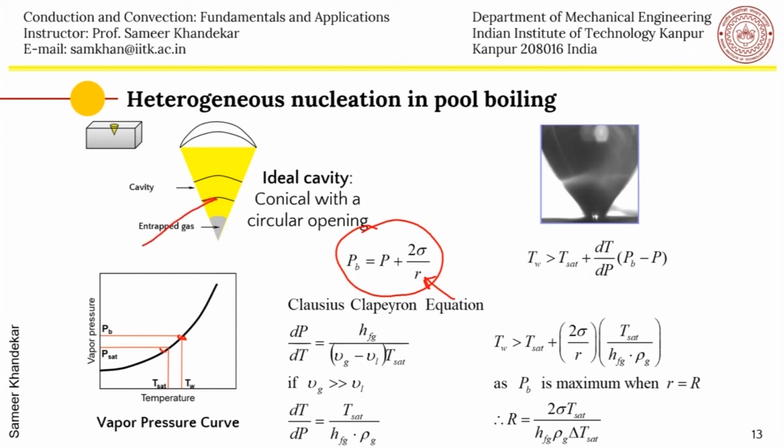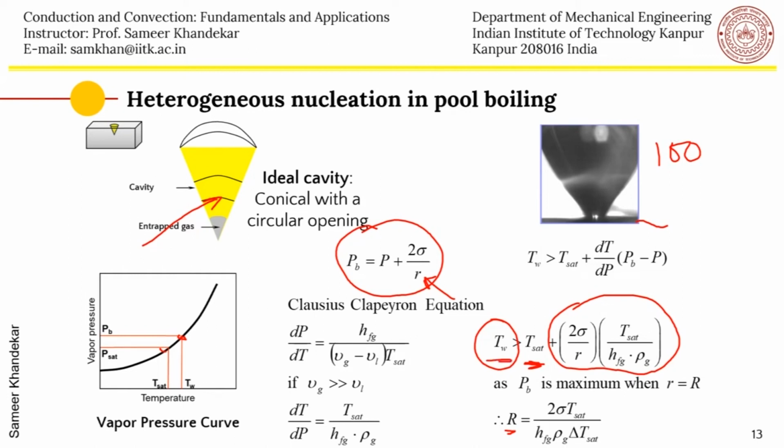So if the saturation temperature T_sat is 100, then depending on the radius of a particular cavity, the wall temperature T_wall must be higher by a certain number of degrees, maybe 105 or 106 degrees, depending on the value of 2 sigma by R. R is the radius of the cavity here, the size of this cavity.